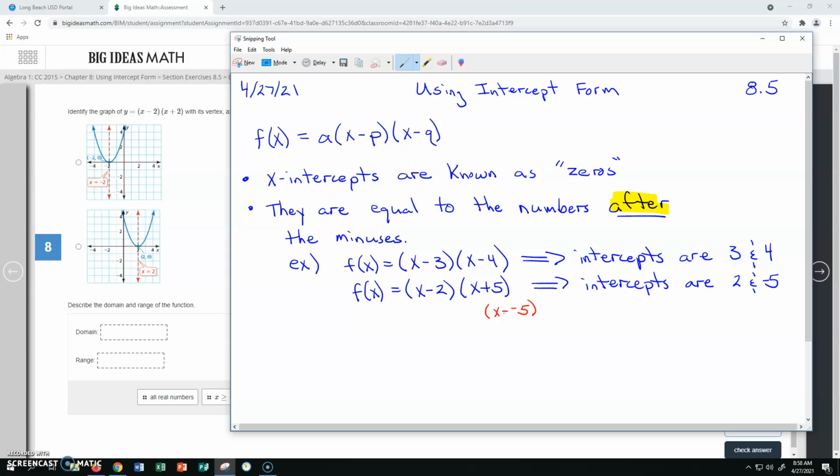All right. I think I also want to say one more thing before we get going. The axis of symmetry is in the middle between the intercepts.